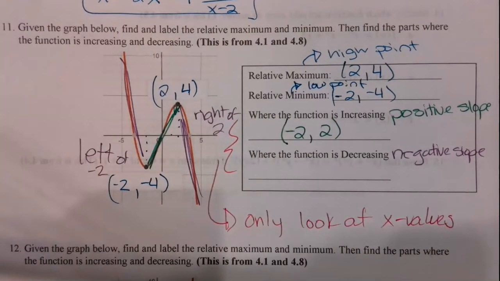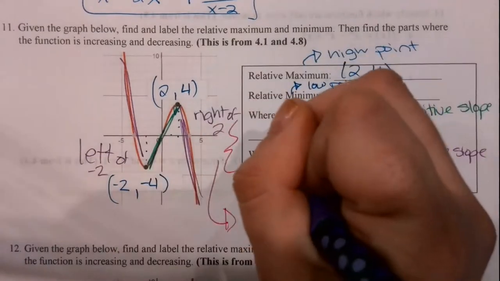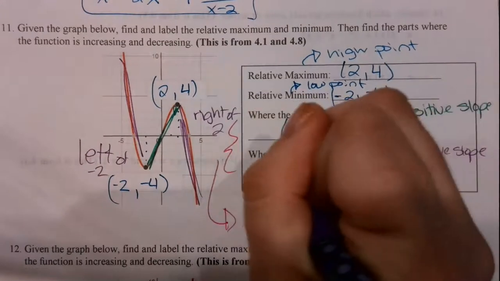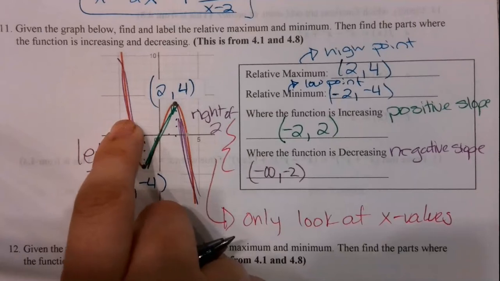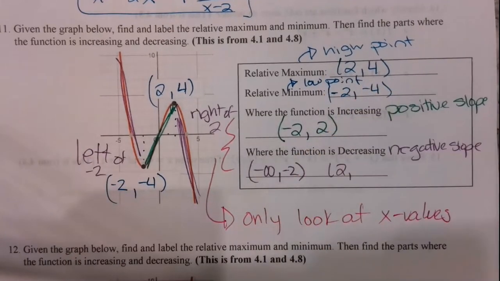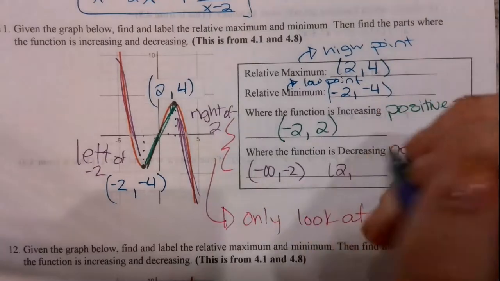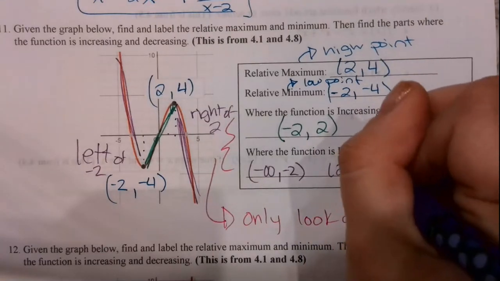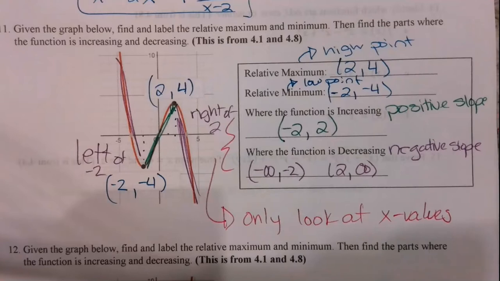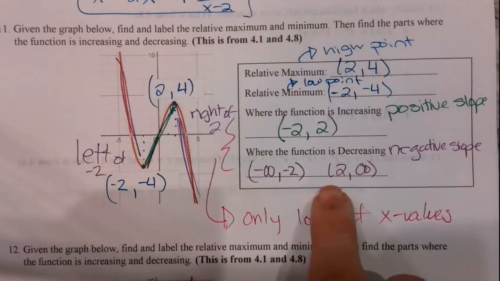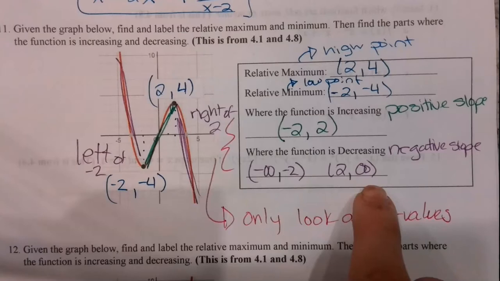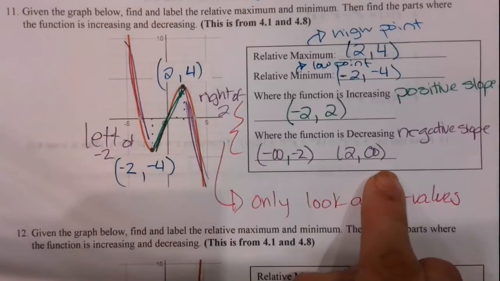So, remember, the way I write left in math is -infinity, and I said to -2. And then that takes care of this first one. Then on the second one, I have 2, and the way I write right in math is positive infinity. So this is saying from the left side all the way up to -2, it's got a negative slope, and from x value of 2 all the way to the right forever, it's going to have a negative slope.